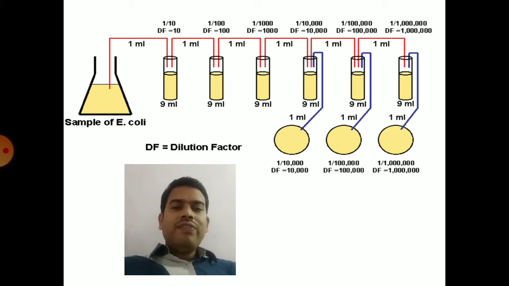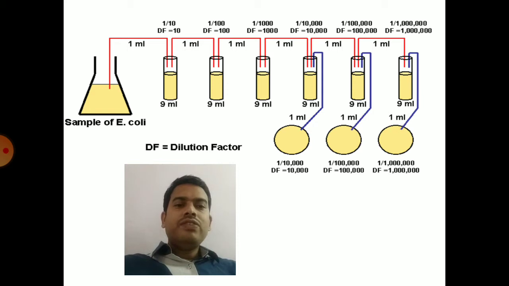From the conical flask, you collected 1 ml and that 1 ml is dissolved in 9 ml. That gives a dilution factor of 10, that means 1:10 dilution. From that 10 ml, you again take 1 ml and transfer it into the second tube. Then it will give 1:100 dilution.